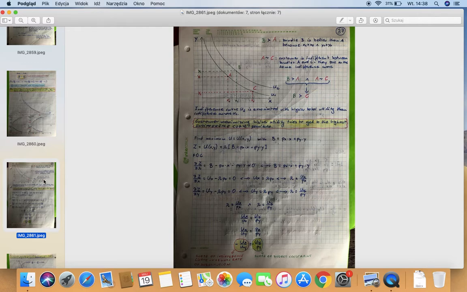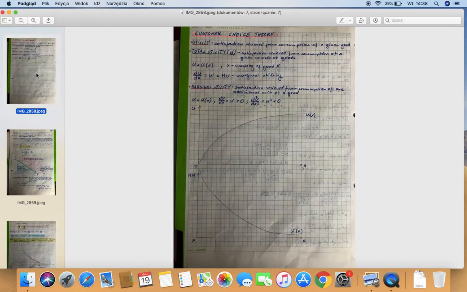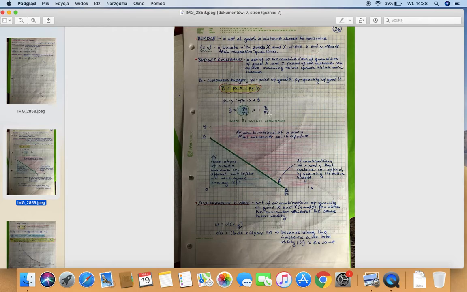And look, the same principle works with the budget constraint. If we have more money, let's just say at the beginning B was $100, now B is going to be $200, it means that you can buy twice as much stuff with the money you've got. So the budget constraint in this case would go up and you can afford more stuff.